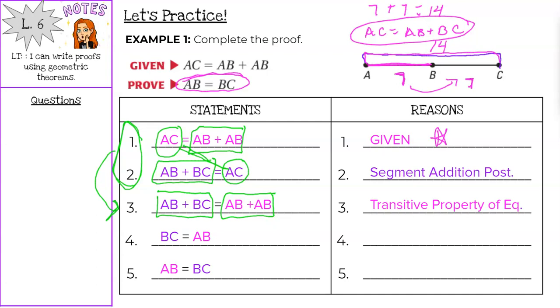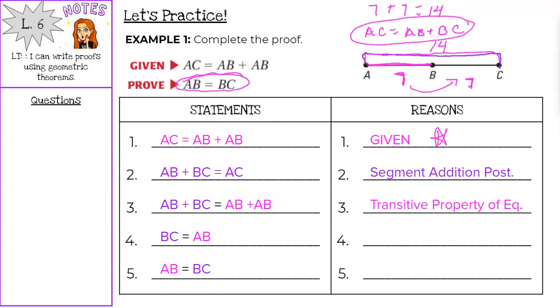Then let's look at statement 4. We have BC equals AB. So if we look from 3 to 4, how did we get to just BC and AB? Well, I see that I have an AB on each side, so I could subtract AB from both sides. And the reason I can do that is the subtraction property of equality.